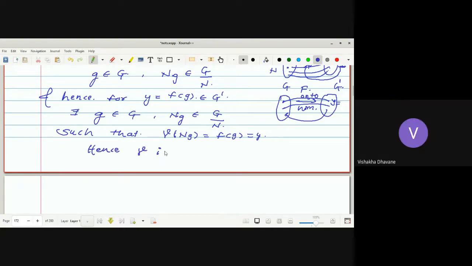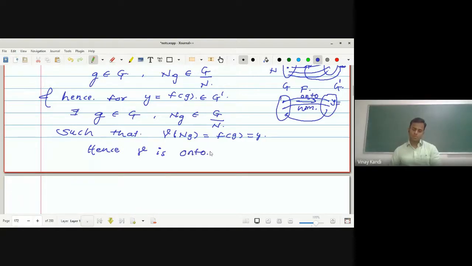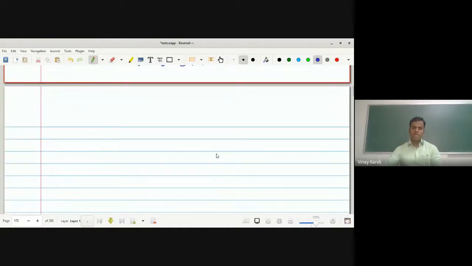Now we have to prove that gamma is a homomorphism. The next step is to prove that this gamma is a homomorphism.